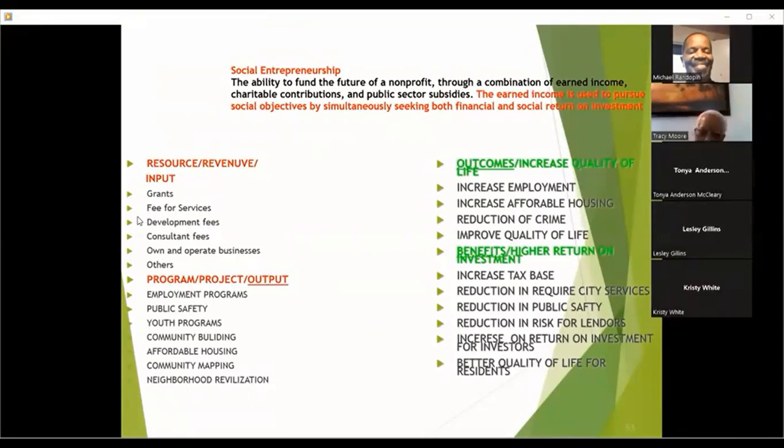Social entrepreneurship is the ability to fund the future of nonprofits through a combination of earned income, charitable contributions, and public sector subsidies. The earned income is used to pursue your social objective by simultaneously seeking both financial and social return on your investment.